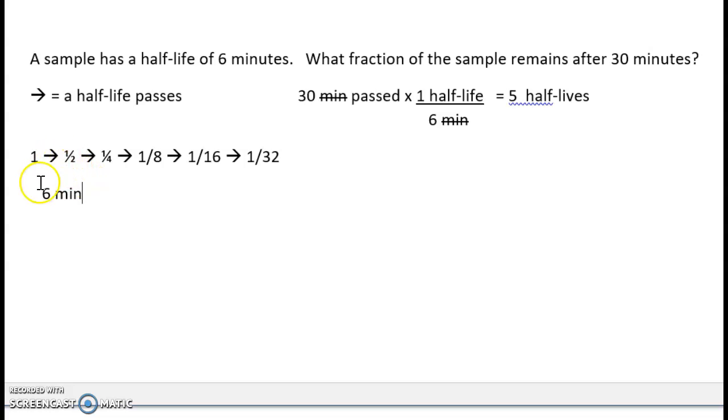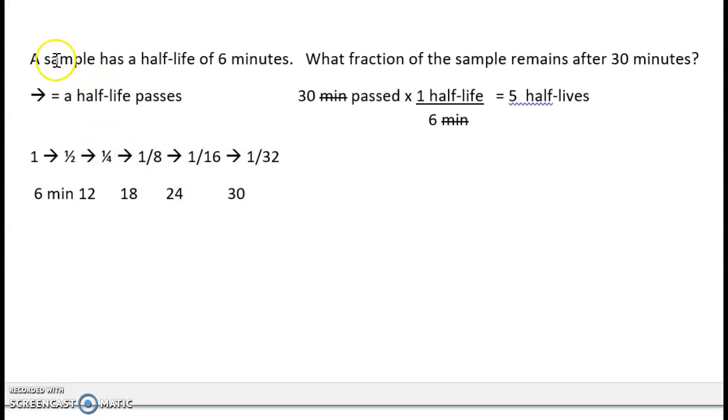And actually I'm going to leave the unit out because it's going to be too crowded here. But that next arrow is another 6 minutes, which is 12 minutes. And the third arrow is another 6 minutes, which is 18, and then 24. And then the last arrow is another 6 minutes, which means 30 minutes. So this is the arrow that represents 30 minutes have gone by, and you're down to 1/32 of the sample.